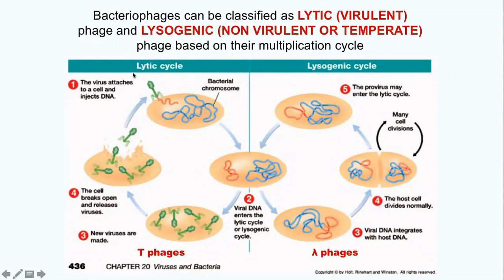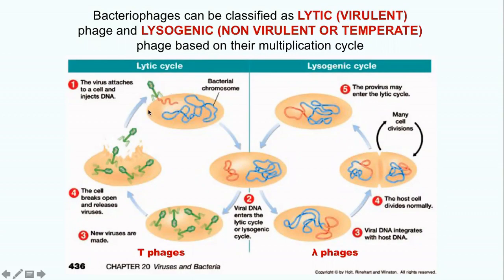First, let us see what happens during a lytic cycle. As we have seen earlier, the bacteriophage will come, attach itself onto the surface of the bacterial cell, adsorb, and then finally penetrate and inject its viral DNA into the host cell.